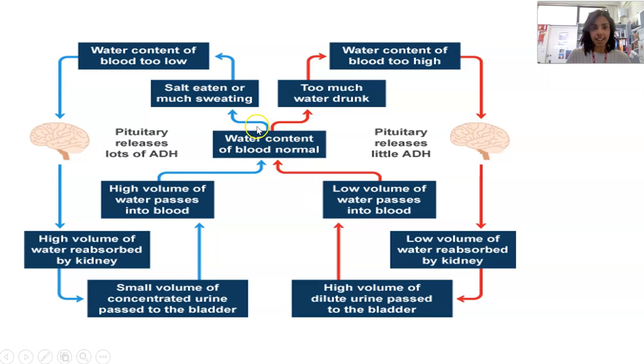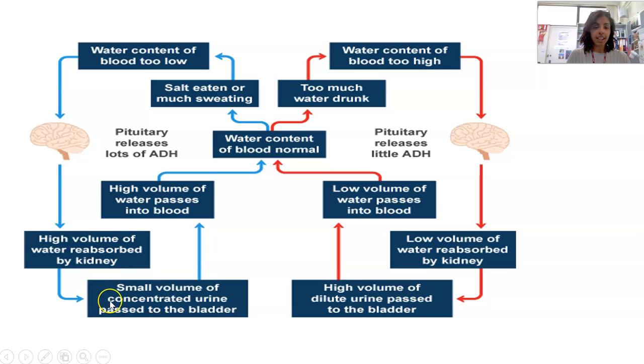On the opposite side, let's say we've ingested too much salt, or we've lost a lot of water through sweat. Our blood water concentration is too low. Therefore, we have to secrete a high concentration of ADH, which tells lots of water to stay in the body, so lots of water is reabsorbed by the kidney.